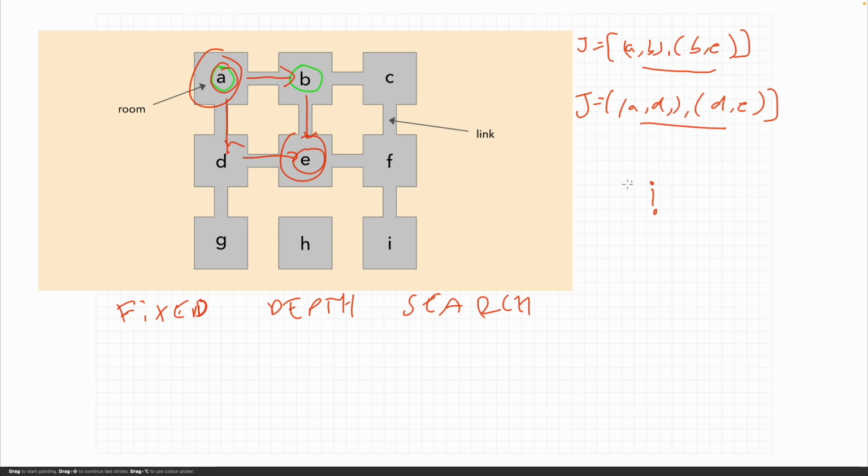So a journey might be just one step, from say A to B. That clearly won't get you to E, but it's sufficient for A to B, but it's not sufficient for A to E. So A to E is what we're trying to do. So if a depth of 1 is insufficient, let's say there's a maximum depth of 2 for this journey.